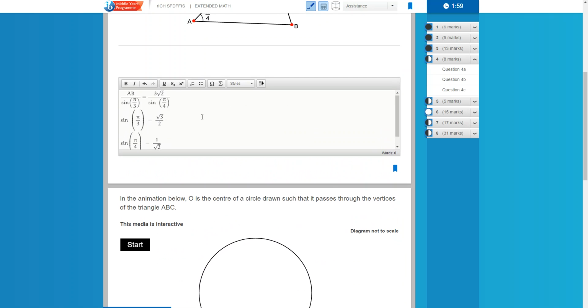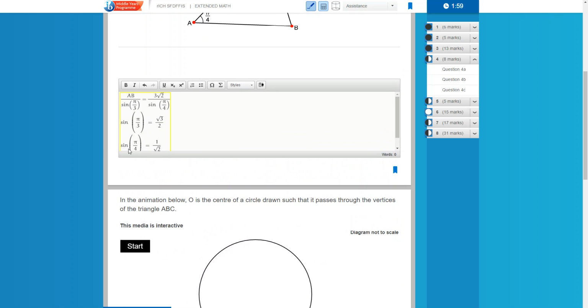Okay, so I've got my formula. I've got my exact values. Now all I have to do is substitute these in. Which I can see would be a pain because it just doesn't look very nice, does it? So I've got AB divided by root 3 over 2. If I'm dividing by root 3 over 2, what's that the same as?